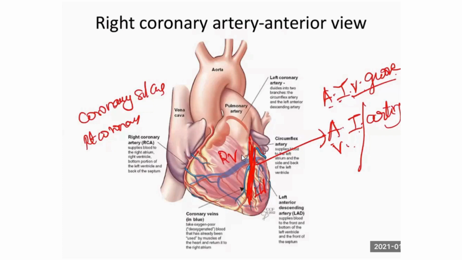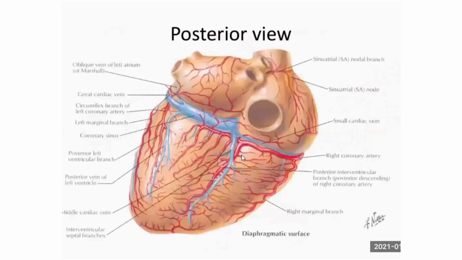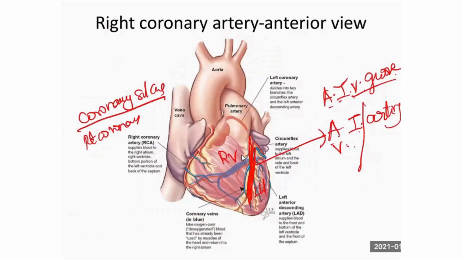If there is an anterior interventricular artery, there should be a posterior interventricular artery. What is the name of this groove? The coronary artery is lodged in the coronary sulcus.